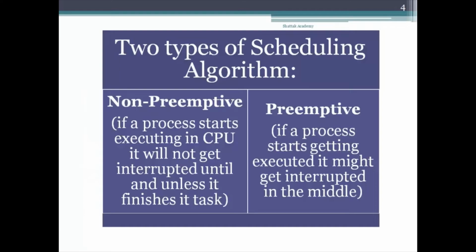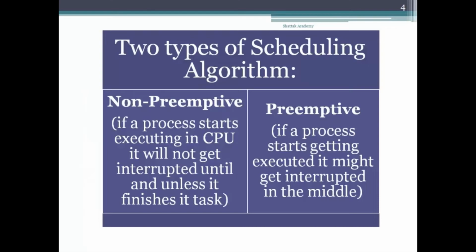Now we are going to see all these things while we do the other algorithms. It will be more clear to you. So non-preemptive means if we start a process P1, if it starts executing, it won't get interrupted until it finishes its execution.